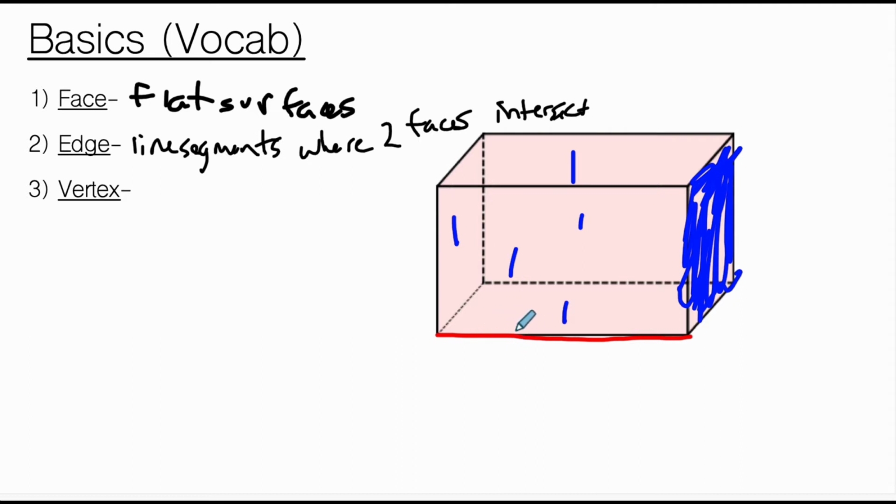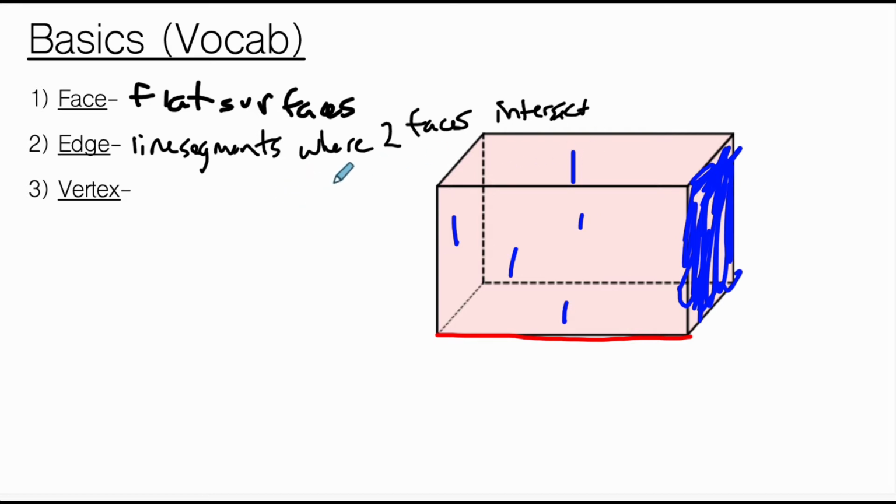Because this bottom face and this front face here intersect at that point. That is an edge. In this shape, you could count the edges. There's 1, 2, 3, 4. And on the top, 5, 6, 7, 8. And then we've got 9, 10, 11, 12. We've got 12 edges in this rectangular prism.